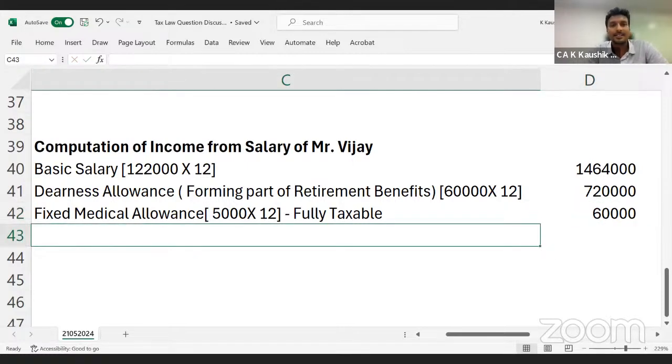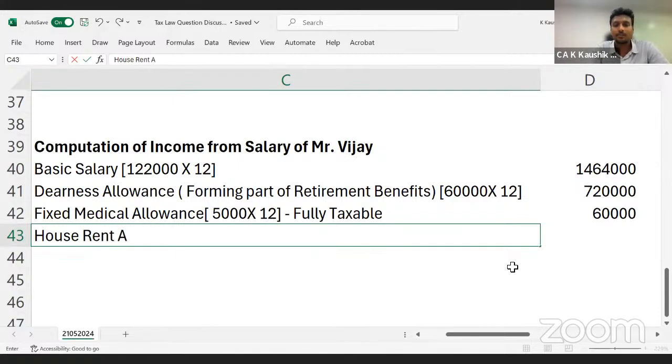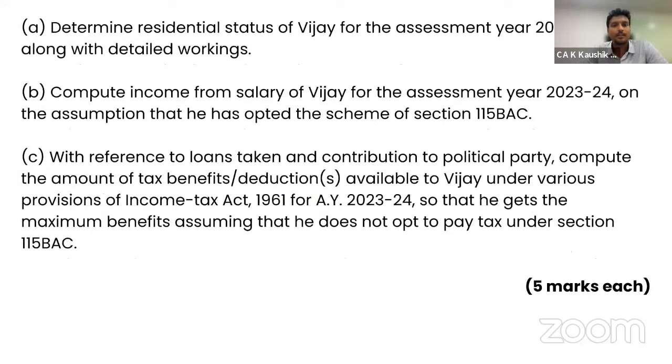And then the next thing that we have is house rent allowance. We need to check if they're following the new regime, then no allowance under HRA. If old regime, then the allowance is there. Now, in the last line of the question, he has opted for the scheme of section 115BAC.